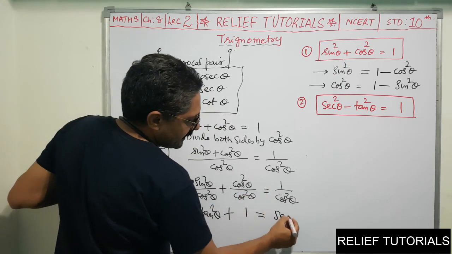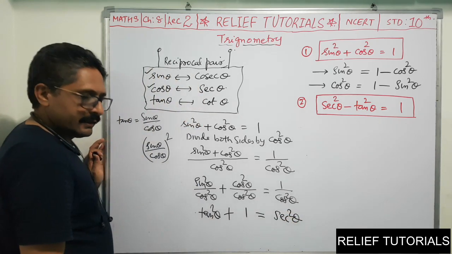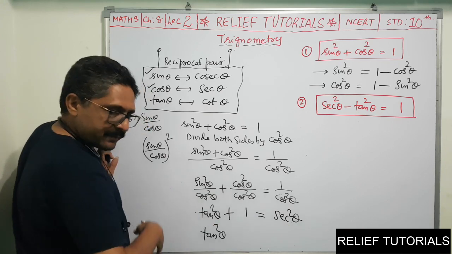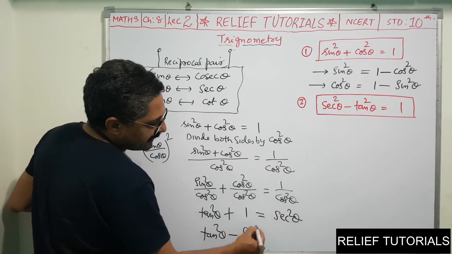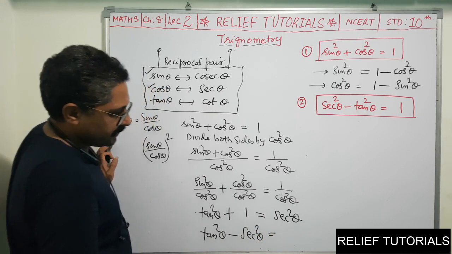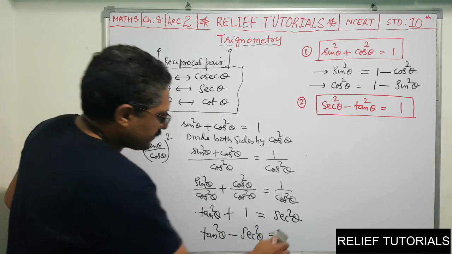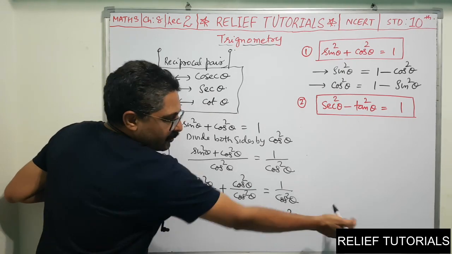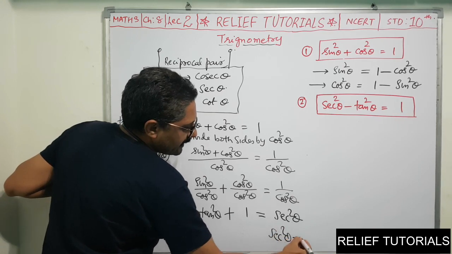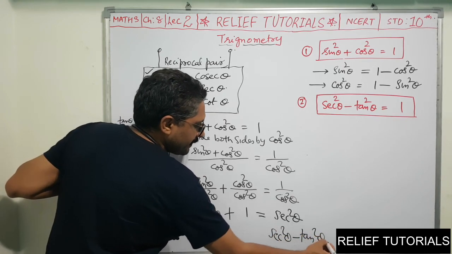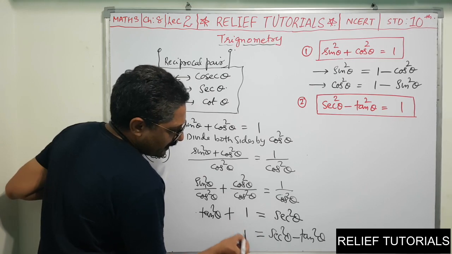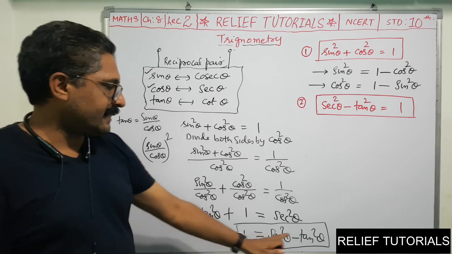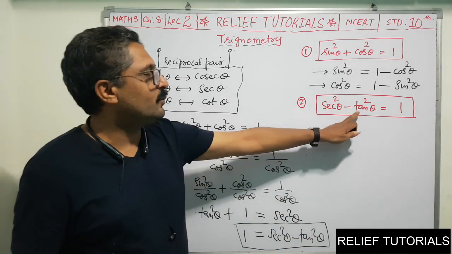So I can write here sec square theta. Now see, tan square theta, this sec square when it comes here, you write minus sec square theta is equals to, sorry, see here. Now this is sec square theta. Tan square when it goes on the other side, I will write here sec square theta minus tan square theta is equals to, what is left here? 1. So this is our identity. Sec square theta minus tan square theta is equals to 1.